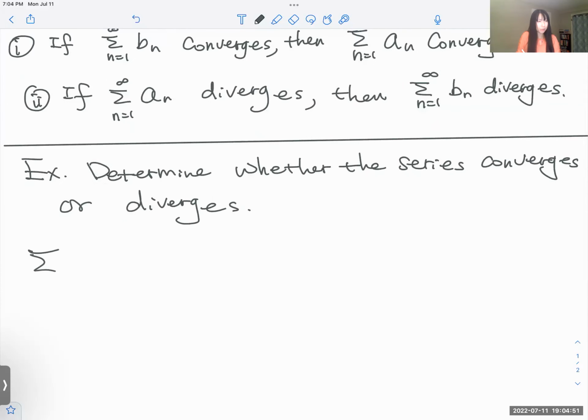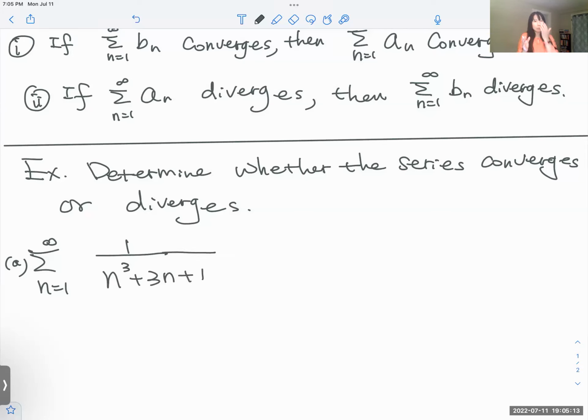Okay, so we have the series from n equals 1 to infinity of 1 over n to the third power plus 3n plus 1, okay?